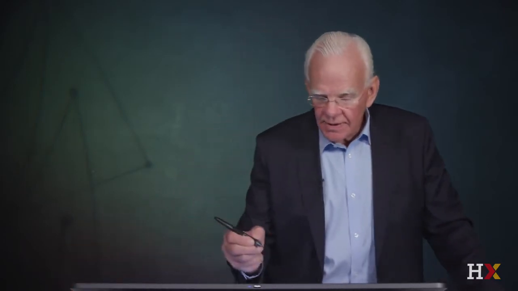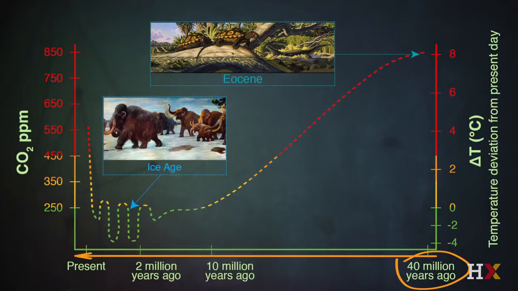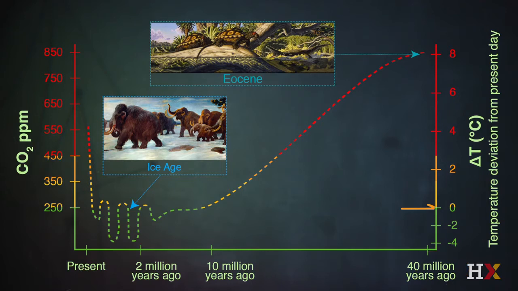So let's start with this diagram that begins 40 million years ago and moves forward in time to the present. That's the horizontal axis, moving from right to left. The vertical axis on the right-hand side is the temperature in degrees Celsius, and it's pinned to 0, which is the current average surface temperature of the Earth.